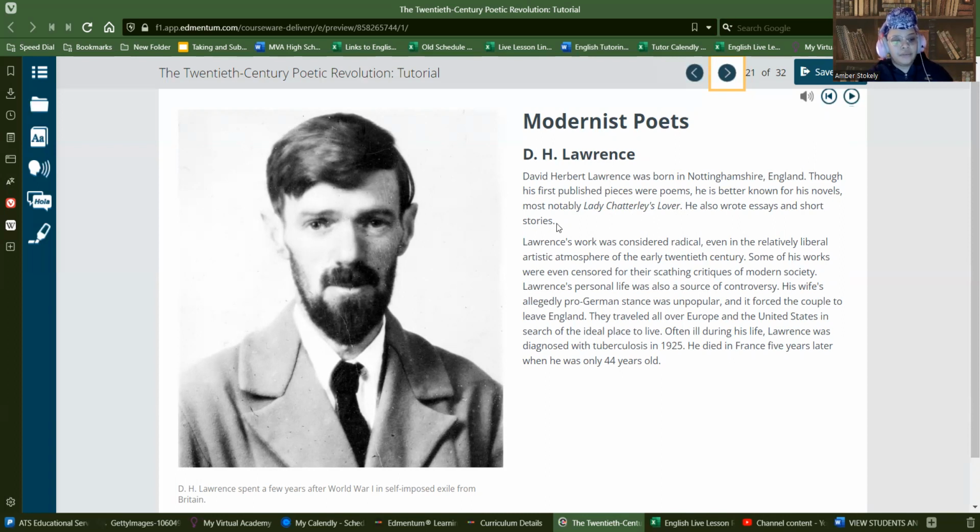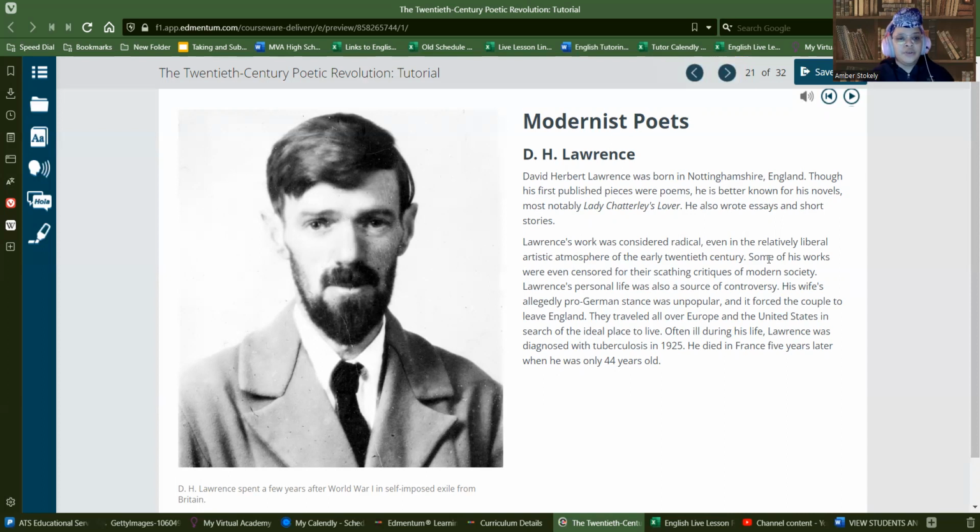And moving on, his work was considered radical. And the reason why this is, he criticized a lot. Some of his works were even censored for their scathing critiques of modern society. So he critiqued society, which can be kind of offensive if people are happy with the way that they're living.